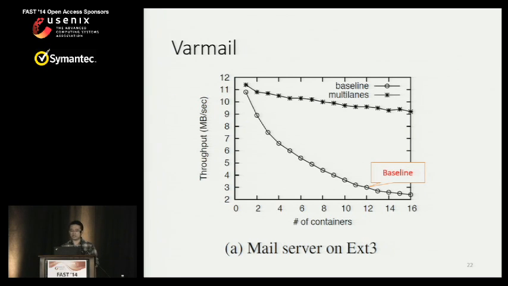We also can see that MultiLanes outperforms the baseline even at a single container. This is also because of the use of private VFS data structures, as the varmail workload consists of many metadata operations.